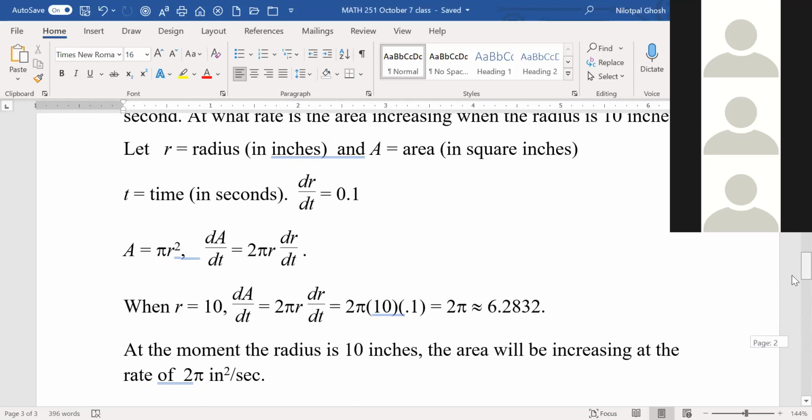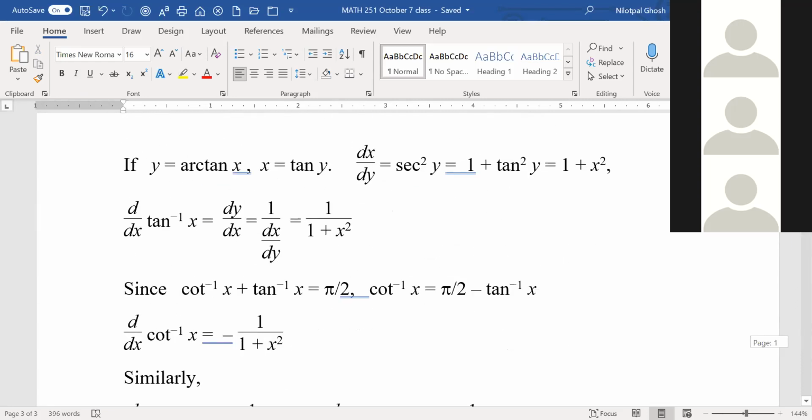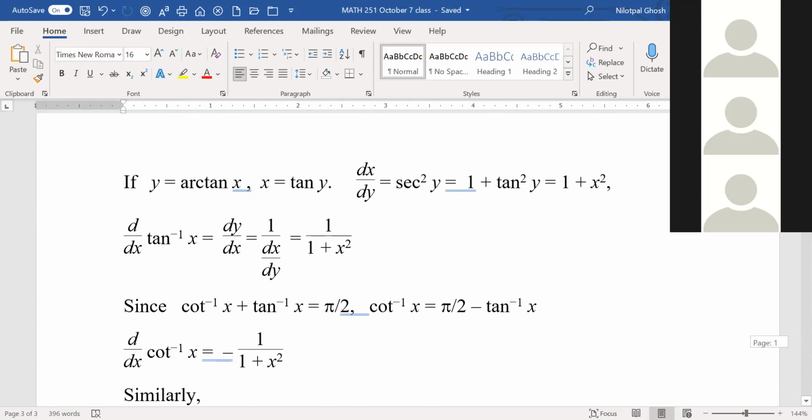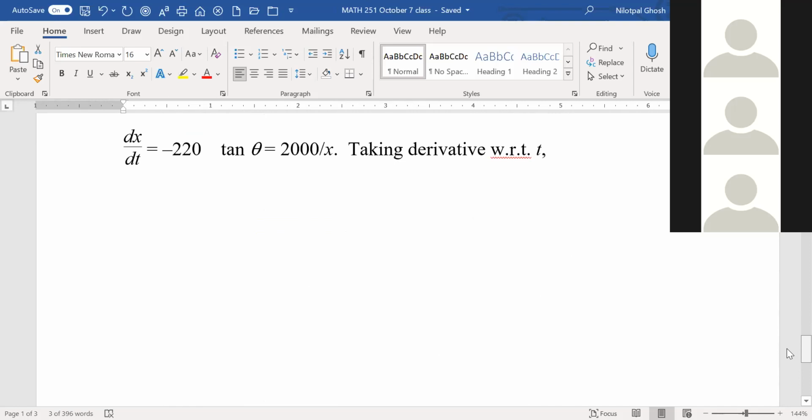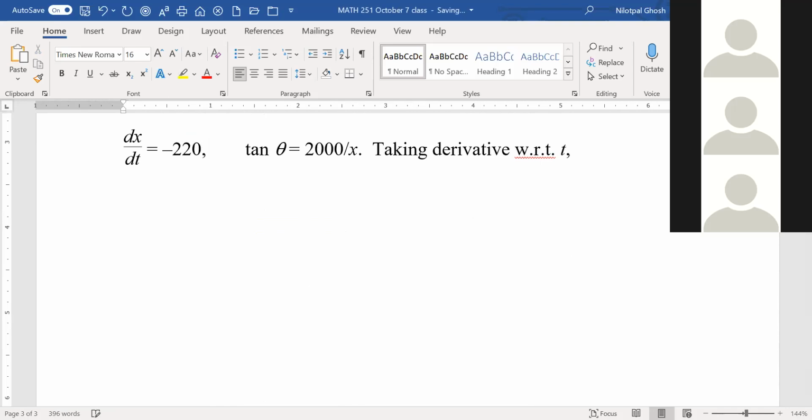Somewhere we must have sec square theta. Sec square theta times d theta dt.